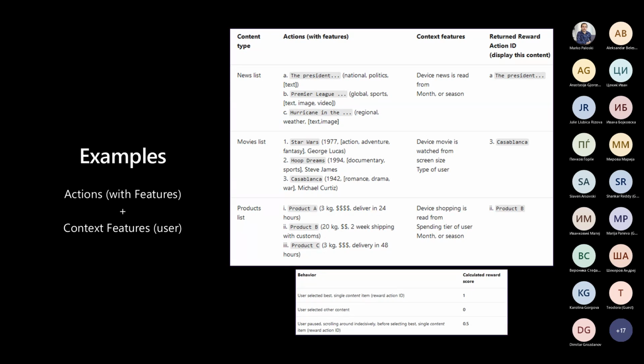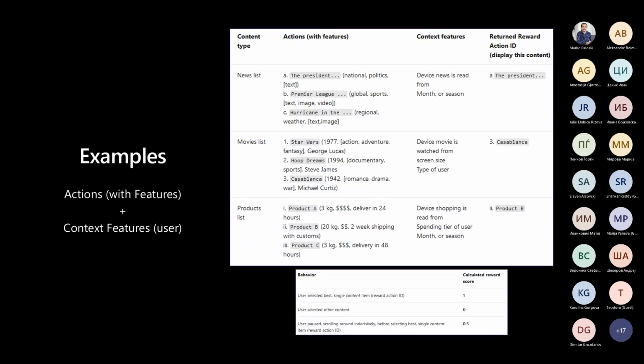We have here some examples. The actions can be a news list, or different kinds of movies, or different kinds of products, and the context features could be device features, time and so on.